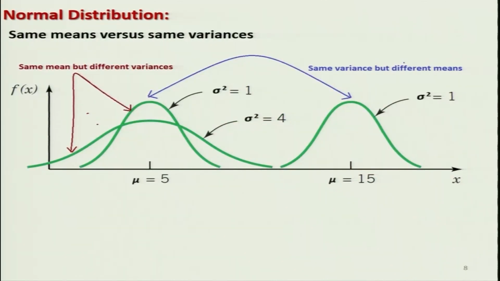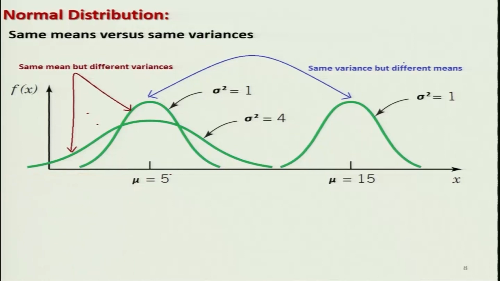Now, I try to address some small issues which are useful in practice as a data scientist. Suppose I consider two types of normal density curves, and their means and variances are changing. First, I take two normal curves which have the same mean, right.